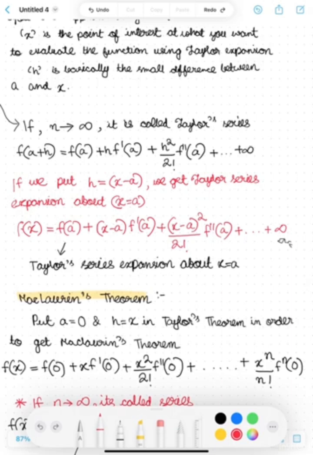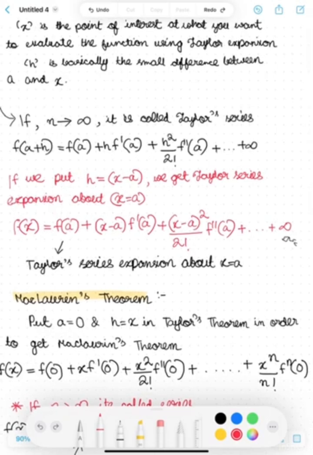In this equation, we have substituted the value of h, that is x minus a, in the above equation. And now, it goes like f of x is equal to f of a plus x minus a f dash of a plus x minus a whole squared by 2 factorial f double dash of a, and it goes all the way till infinity.